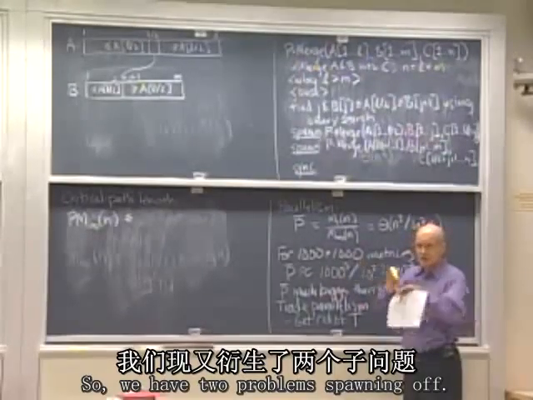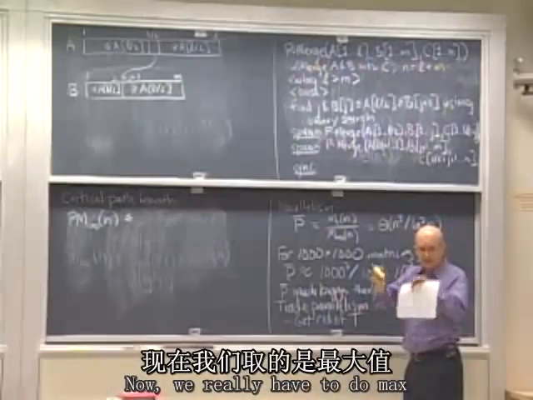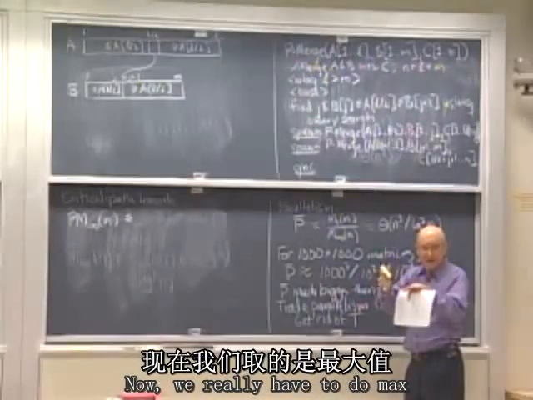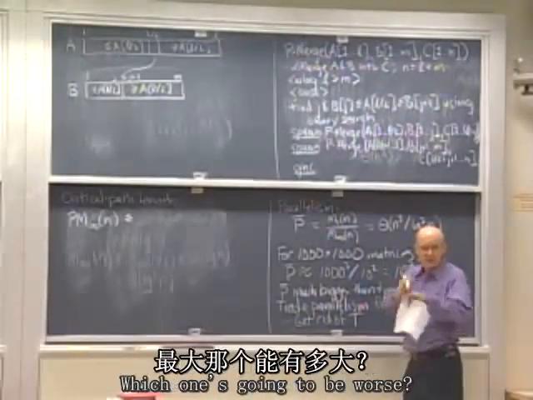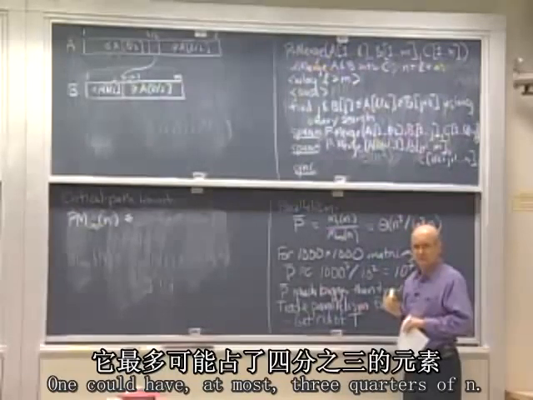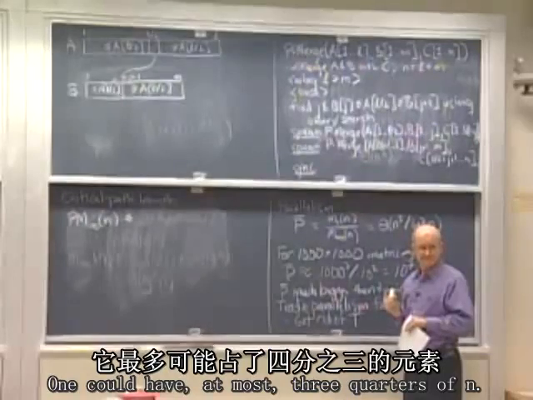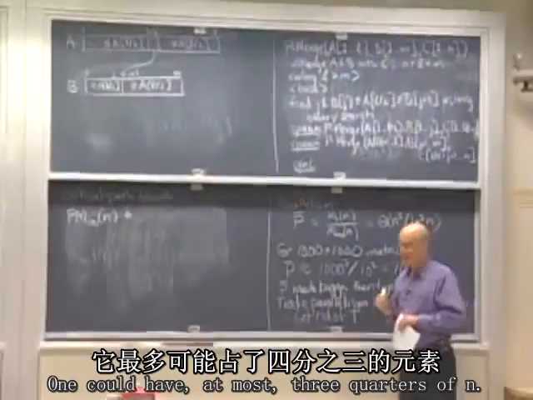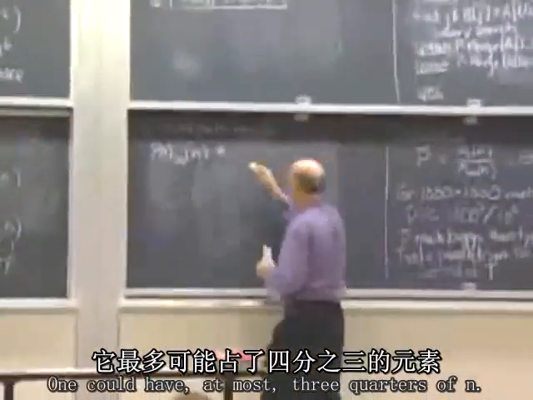So we have two problems we're spawning off. Now we really have to do max because they're not symmetric. Which one's going to be worse? One could have at most 3/4 of n.